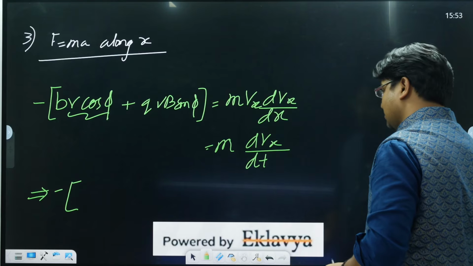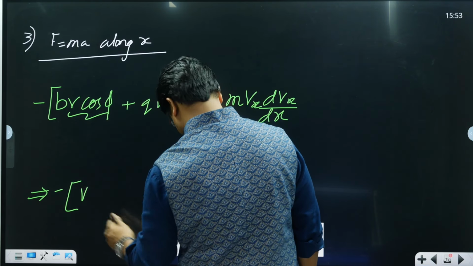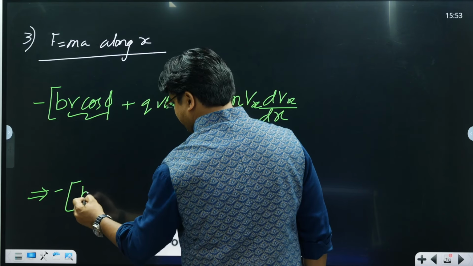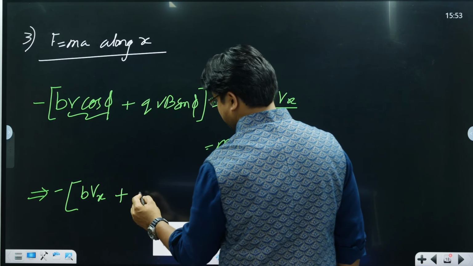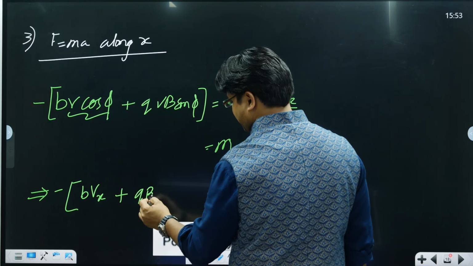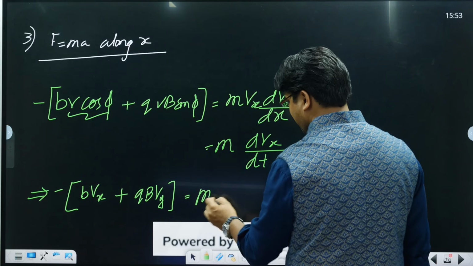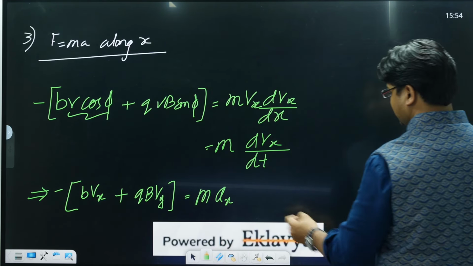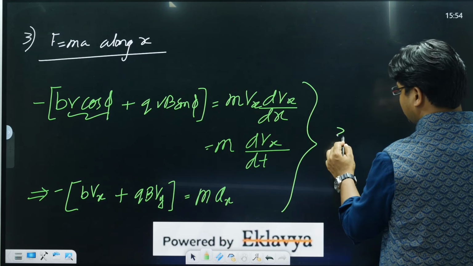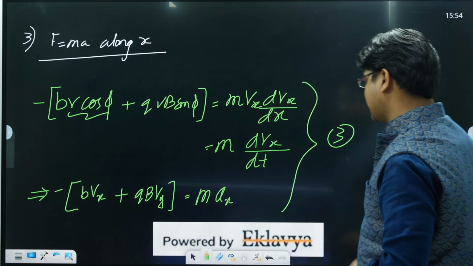So this will become minus BVx plus QBVy is equal to m into Ax. Now, what we are going to use in place of Ax is something that we can decide later. So all of this is our equation number 3. Whichever version you want to use, you can use, but this forms equation number 3.